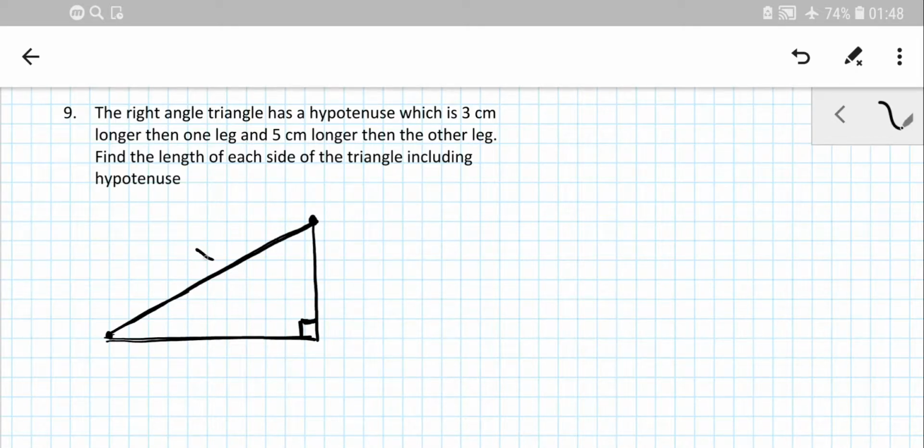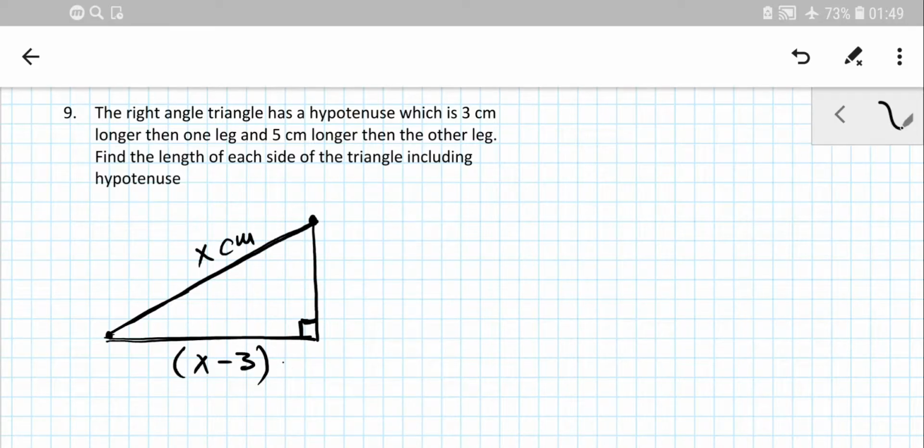If we set up x for the hypotenuse, actually you can set up x for any side, no matter, but I set it up for the hypotenuse because it's compared with two legs. So if this is x, the other leg is 3 centimeters shorter than the hypotenuse. So that's why it's x minus 3.